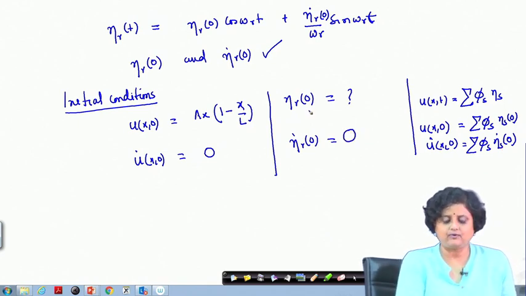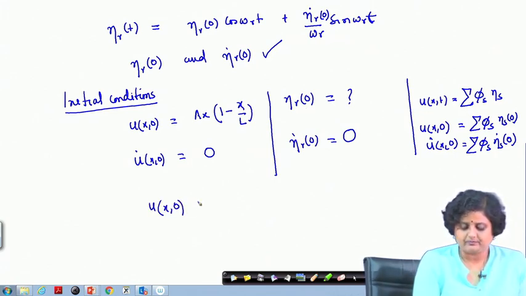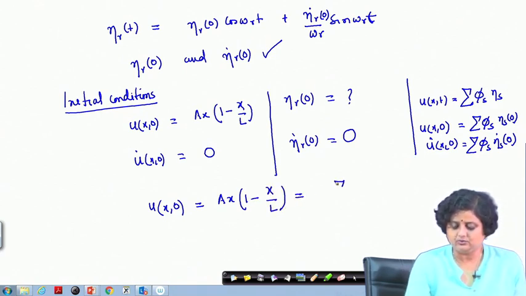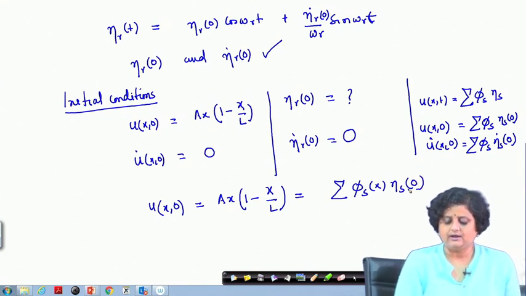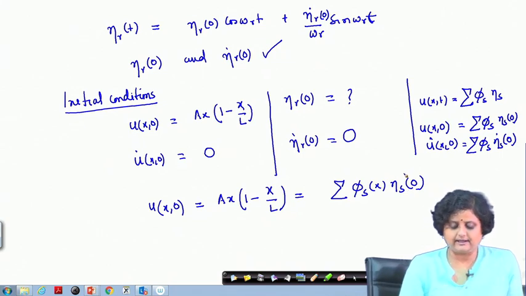I now need to find out only eta 0. So, I have u x comma 0 which is equal to a x 1 minus x by L and that is equal to phi s x into eta s 0. Now, I have to solve this equation to find out eta s 0.